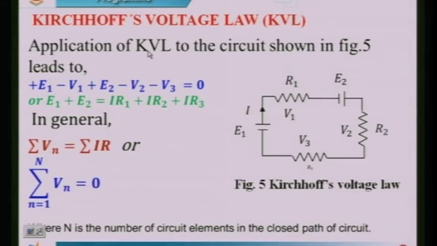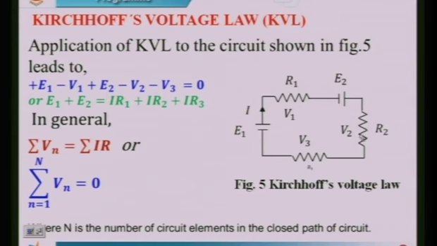So, with these things in mind, going for the application of Kirchhoff's second law for this loop, it is minus to plus, that is nothing but plus E1. Then the drop across this has been taken as V1. According to Ohm's law, drop across this will be I into R1, where I is the current in this loop. Therefore, since we are going from plus to minus, the drop is taken as minus, that is minus V1, and this will be minus to plus, which means it is plus E2.